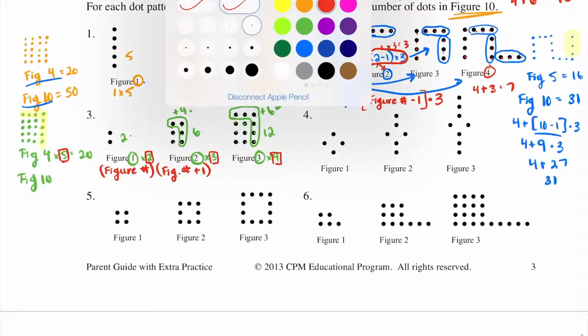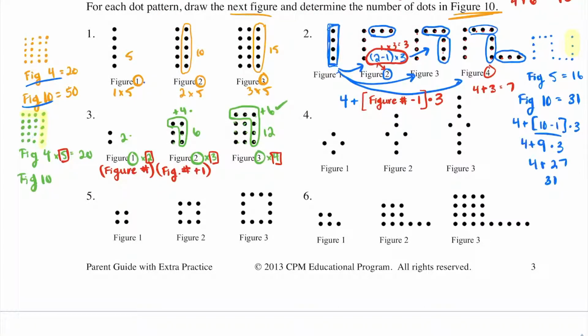To show you how this works, I'm going to start with figure 2. So I have 2, because that's my figure number. And I'm going to multiply that by my figure number plus 1, which is 2 plus 1. And so now I get 2 times 3, which gets me 6. And that works exactly how I need it to. Okay, there we go.